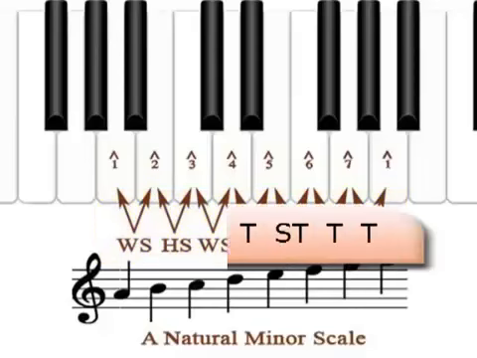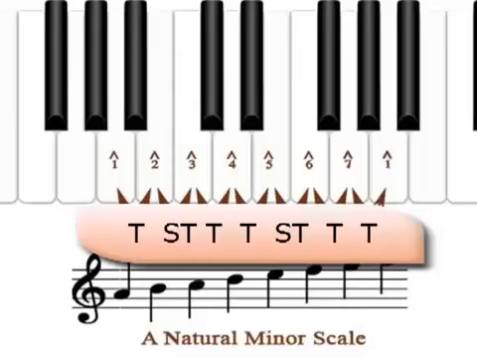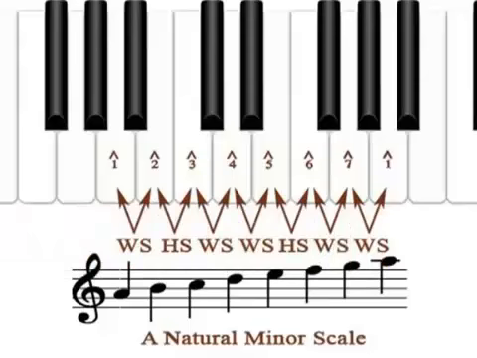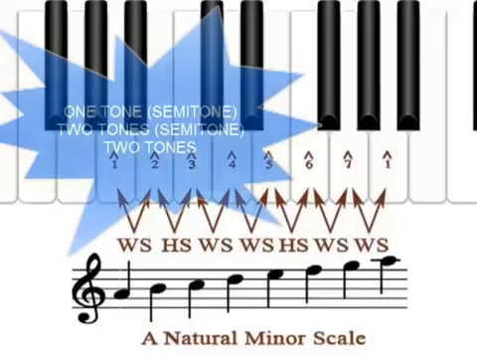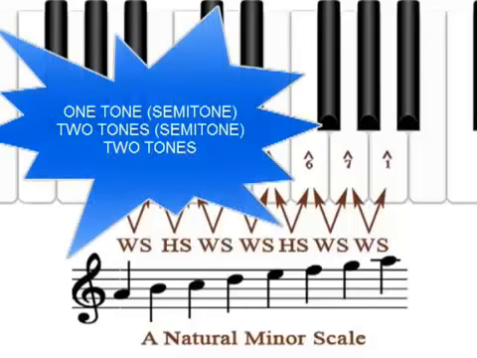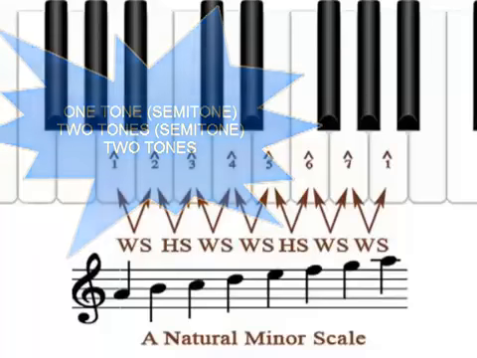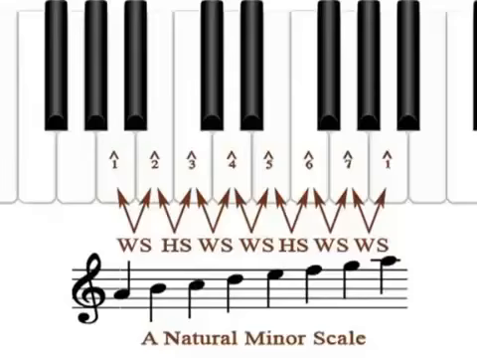Another way of saying it is tone, semitone, tone, tone, semitone, tone, tone. The way I remember this one is 1 tone and a semitone, 2 tones, a semitone, and then 2 tones. You could also say waffle house, waffle, waffle house, waffle, waffle.